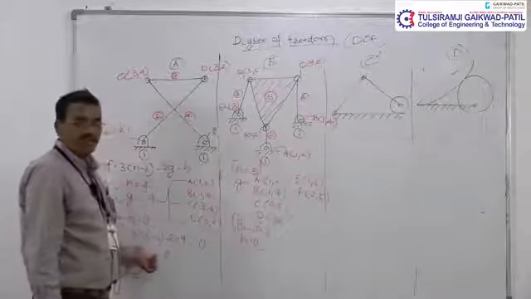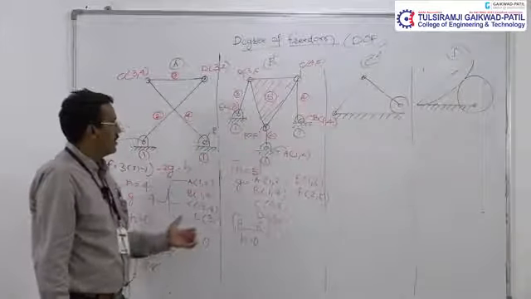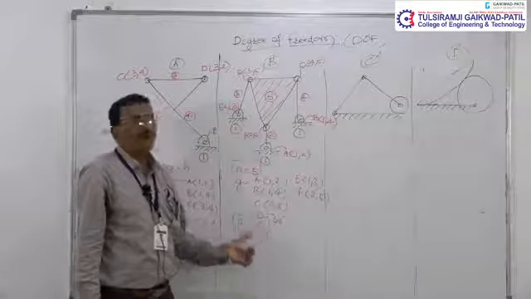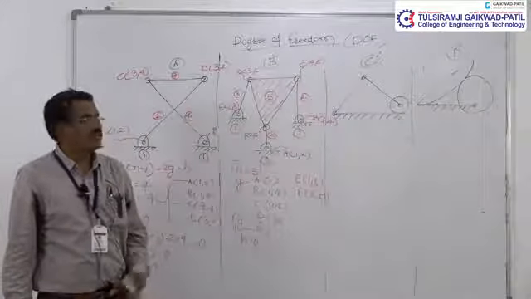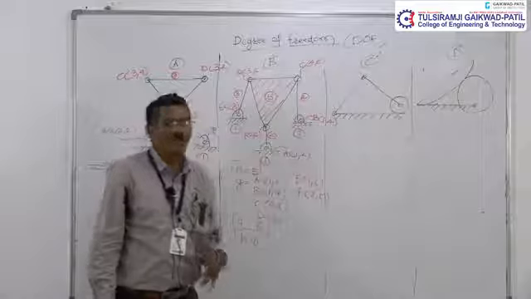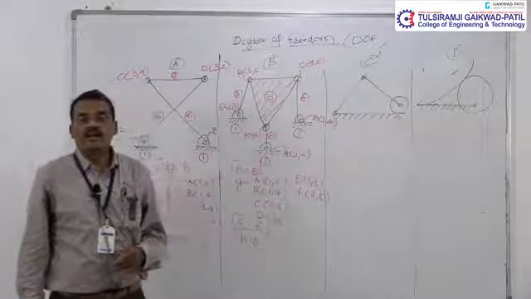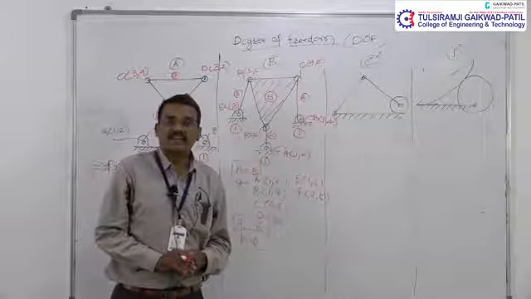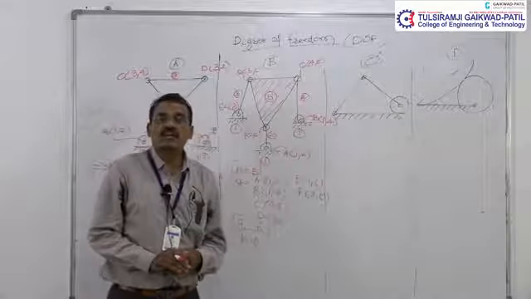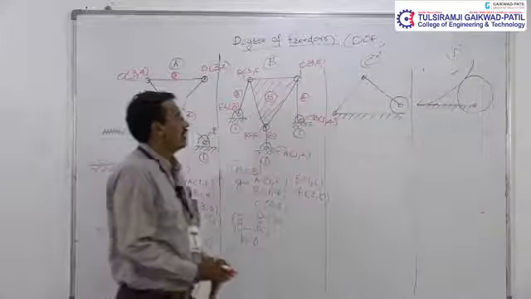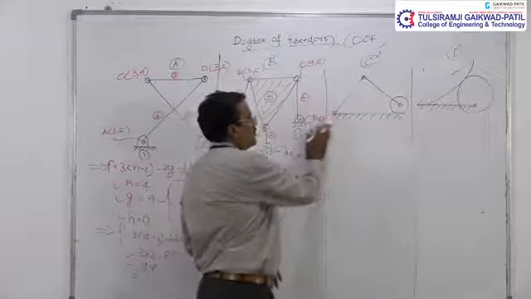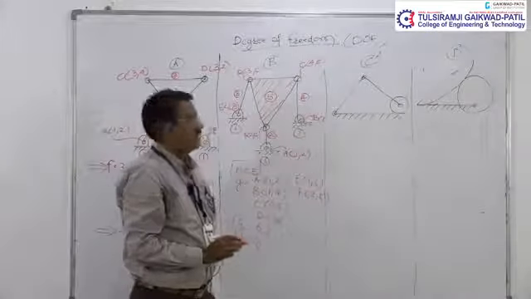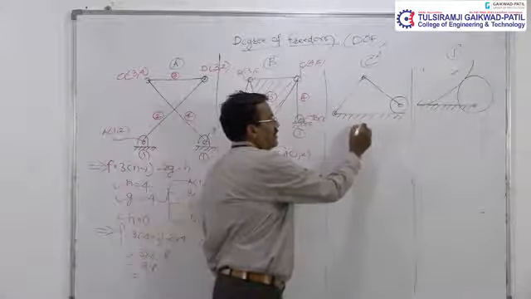Now these are two examples where the value of higher pair exists, means the value of higher pair h must have a certain value. Let us calculate what these values are. So this is the numerical. It is again a link number 1.